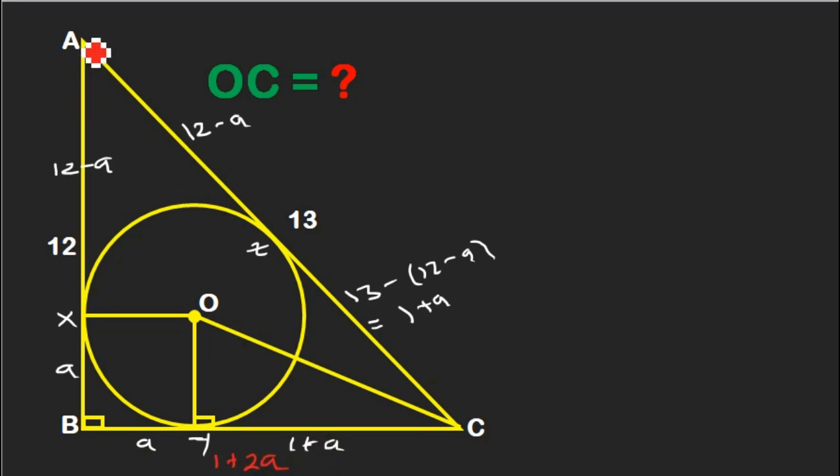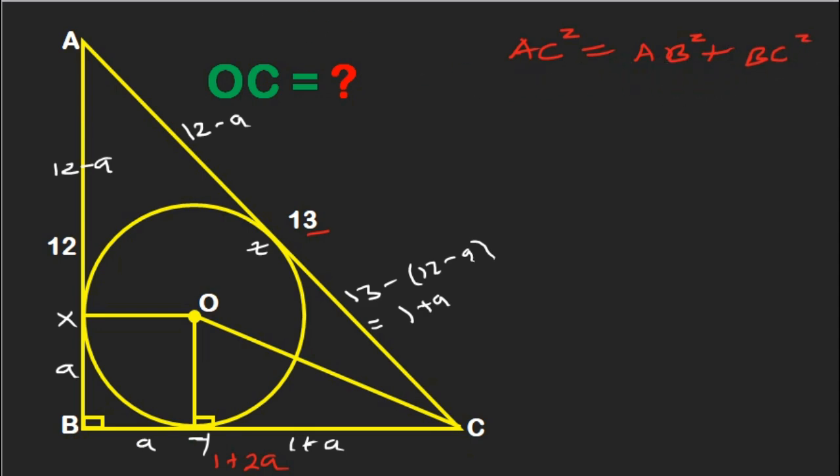Then the length AC is just 13, and the length AB is just 12. So if you use the Pythagoras theorem, AC squared will be AB squared plus BC squared.